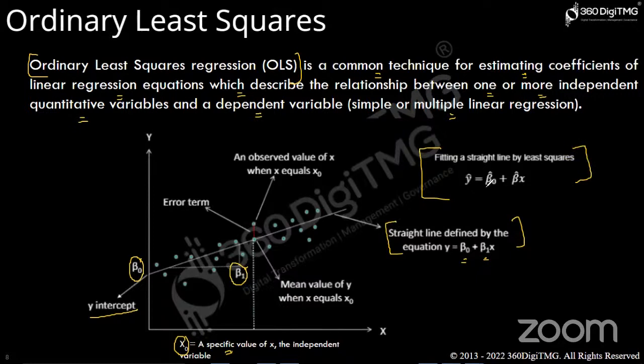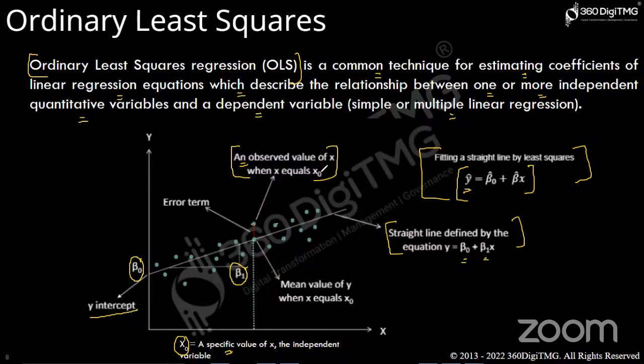Based on the different errors, this is my predicted value. The equation for the predicted value is y hat equals beta naught hat plus beta hat x. These values we are seeing are the observed values, the original actual values when x is equal to x naught.